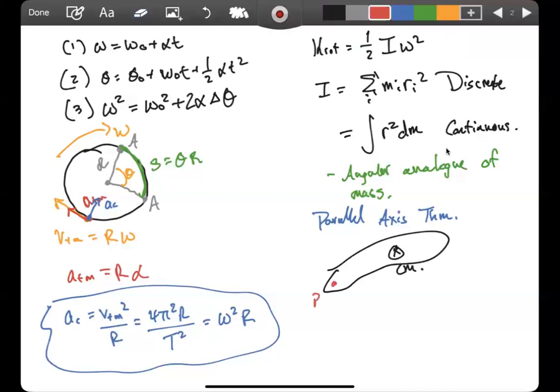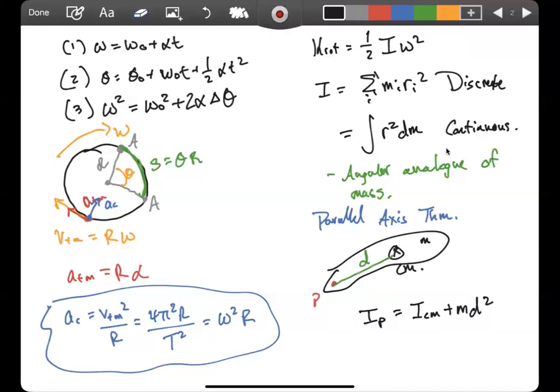So this is the new pivot point that I want, and this is the distance d, which is the distance from the center of mass to the location of the pivot point. The parallel axis theorem simply says that the moment of inertia about that point P is equal to the moment of inertia about the center of mass plus the mass of the object, m, times that distance d squared.